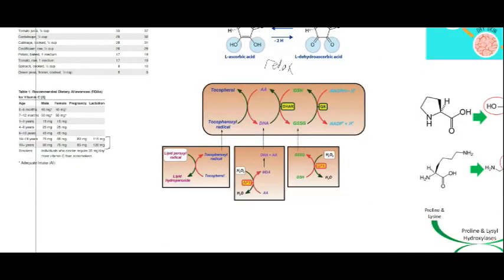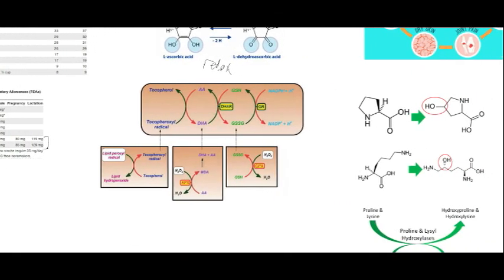So right here I just have a little cartoon for the ascorbic acid, which is this AA. That's the reduced version of vitamin C, and the dehydroascorbic acid is this oxidized version.